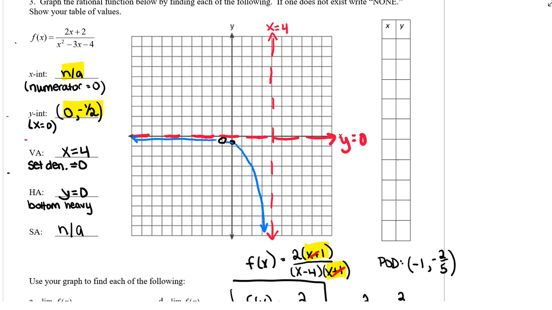To the right of x equals 4, one of two things is going to happen. It's either going to look like that, entirely above the horizontal asymptote, or it's going to look like that, below the horizontal asymptote. To figure out which one of those it's going to be, I'm going to evaluate the function for some number to the right of 4 or bigger than 4.